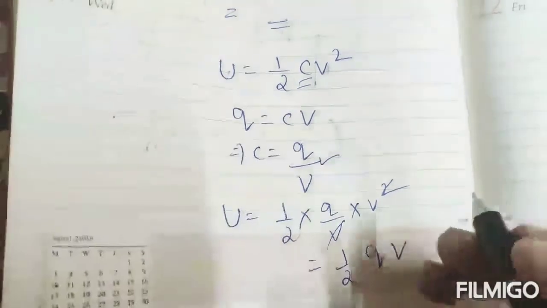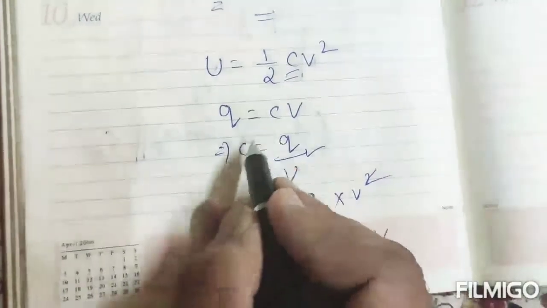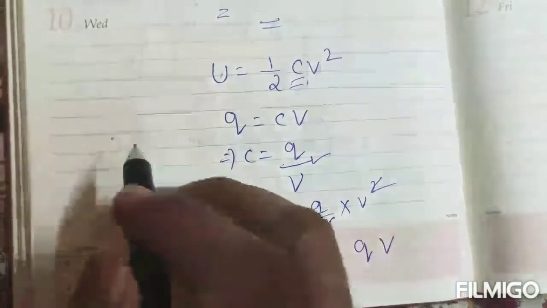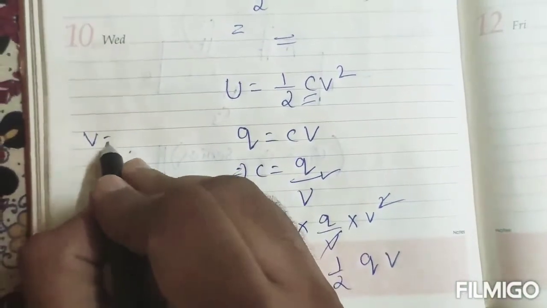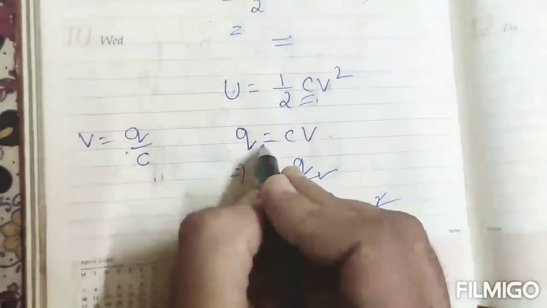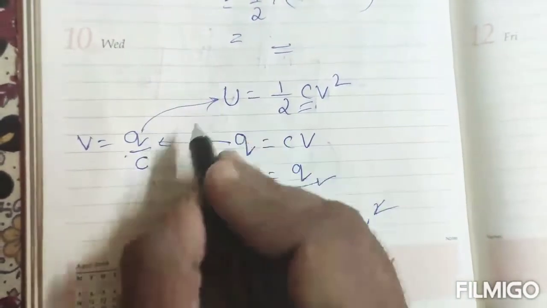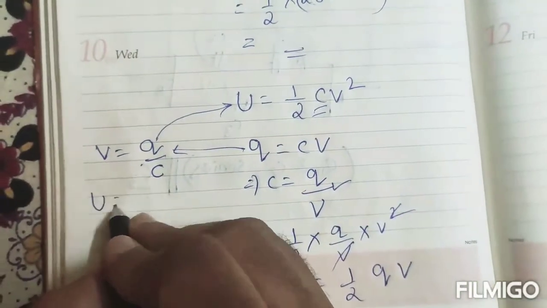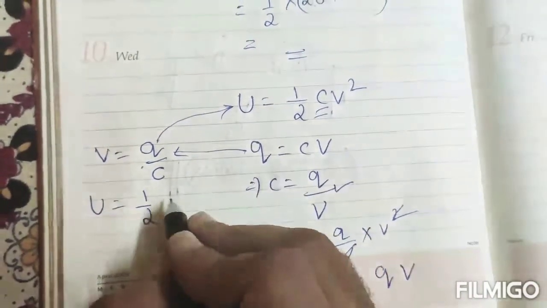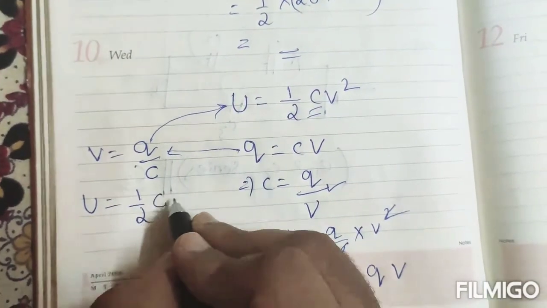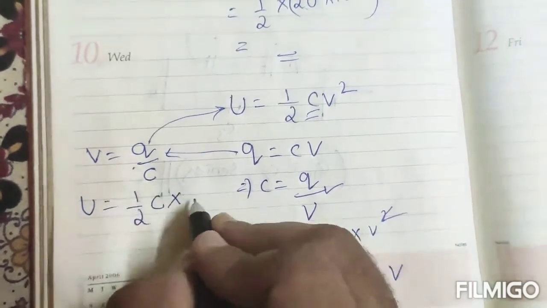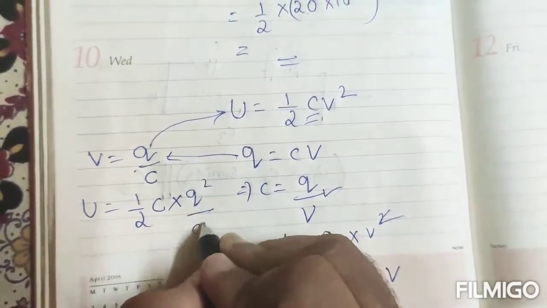Another formula I can get if, instead of V, I write Q by C. V equal to Q by C, from here. Place it in the equation: U equal to half into C into V square, where V square is Q square by C square.